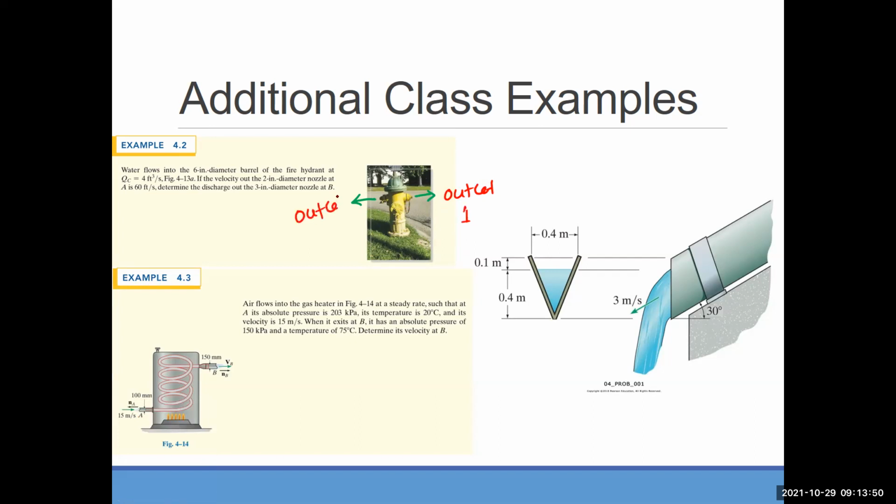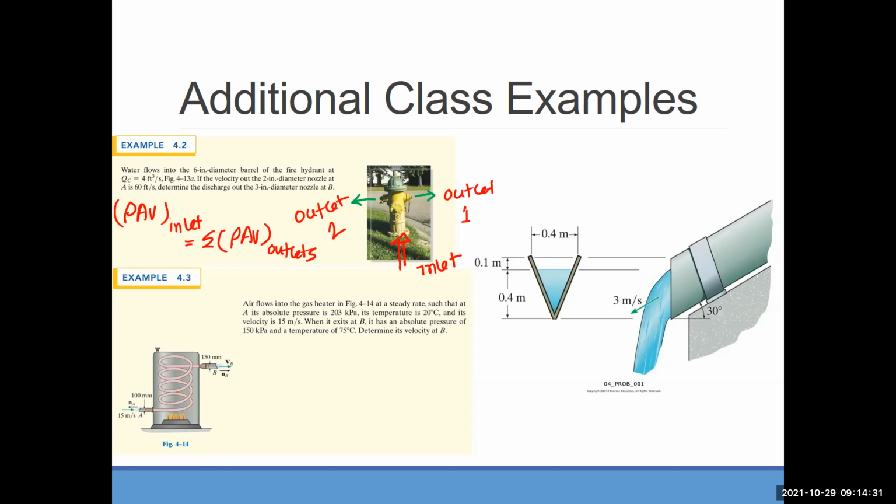This one is outlet 2. Most probably it's in your copy, it's A, B or something like that. So these are the outlets, and this fire hydrant is getting water from some source from the ground. So that is the inlet. So you have actually one inlet, rho AV inlet, but you have two outlets. So you need the summation of rho AV outlets, right? And you will find out the individual value, either it's given or you need to find out.